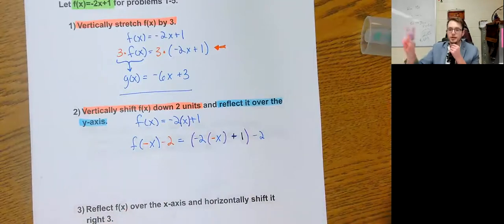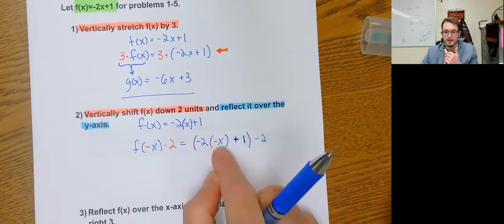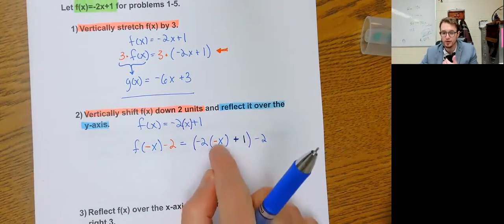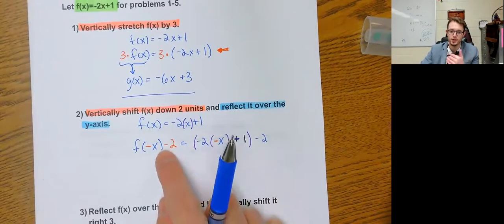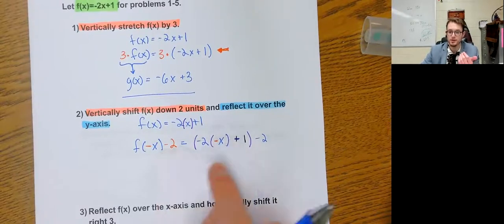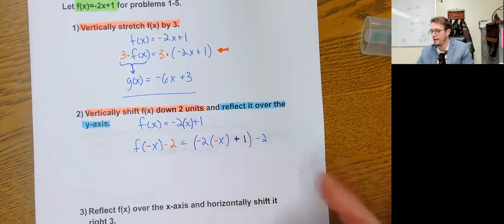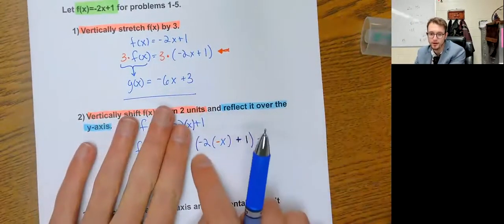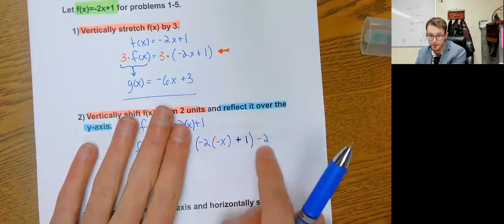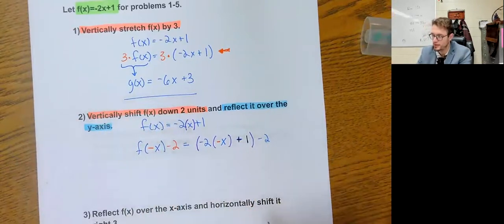So there's always going to be two possible sets of parentheses, an inside and an outside. There's something happening just to the input, and then there's something happening to the whole function, which is the output. That minus 2 is happening to the entire output. We're going to subtract 2 off of it.